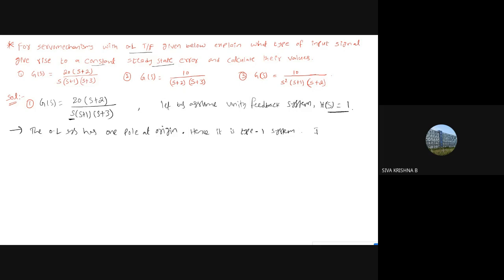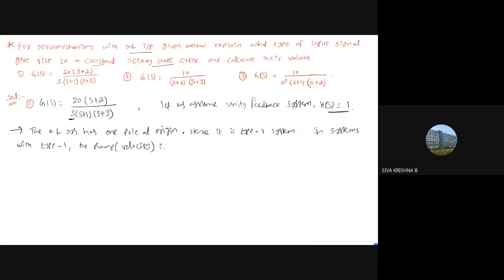So in systems with type 1, what input do you have to apply? The ramp input, or you can call it the velocity input.